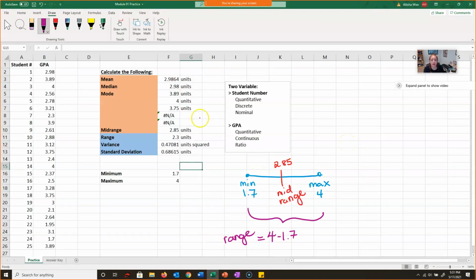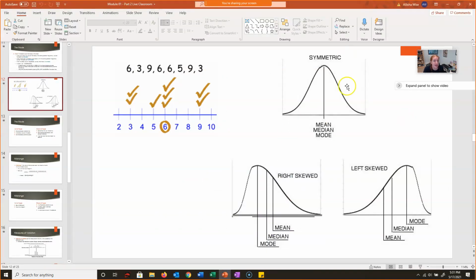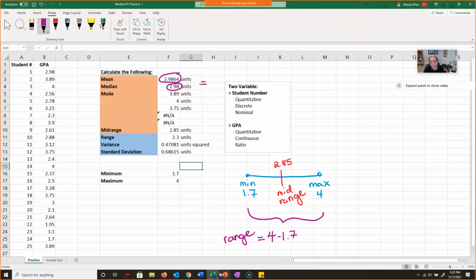So if we're looking here, the mean is 2.98 and the median is 2.98. Those two values, for all intents and purposes, are equal. Since these two values are equal, that would indicate that it is symmetric. If the mean and median are equal, that means that this distribution is symmetric.